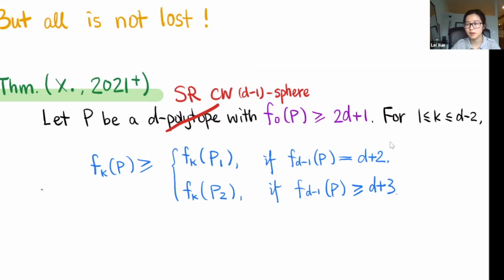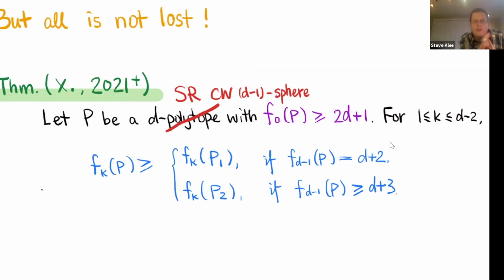And I don't believe that with more than 2D plus 2 vertices you will ever get back to a component-wise minimal F vector. As the number of vertices goes up, two polytopes won't be enough. You need a lot more. It will get complicated really fast.